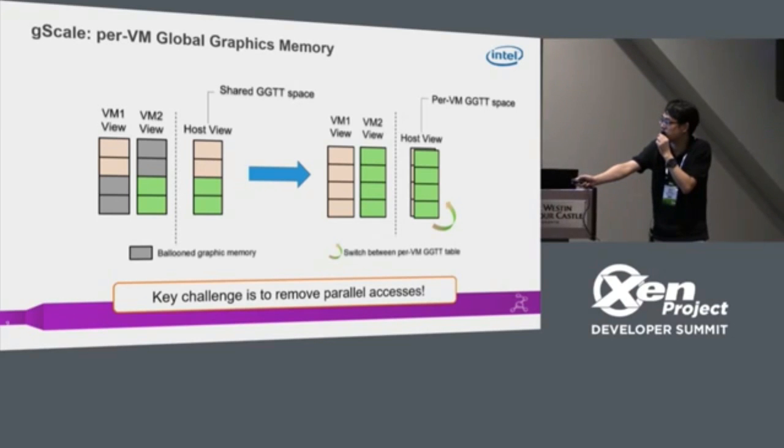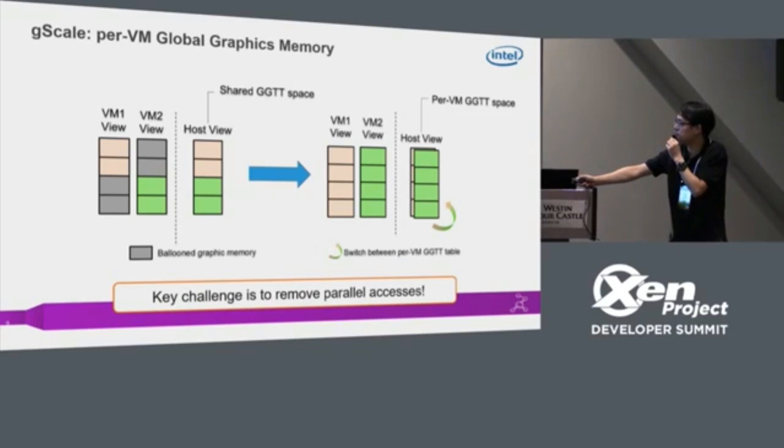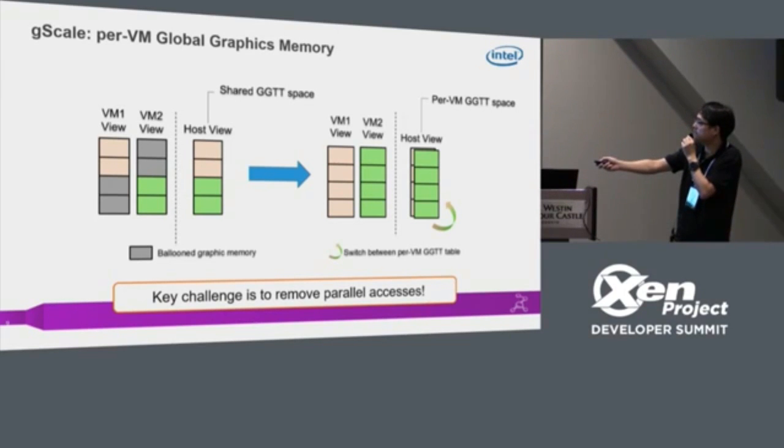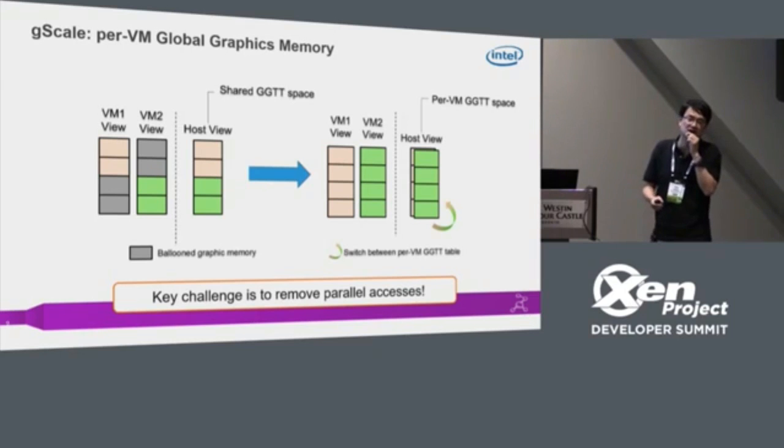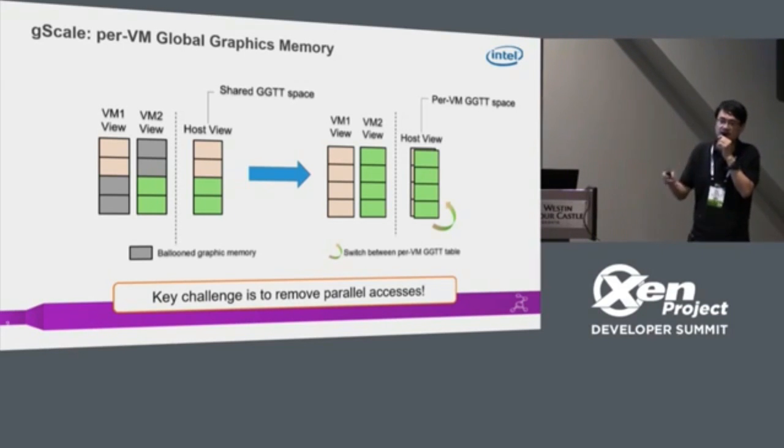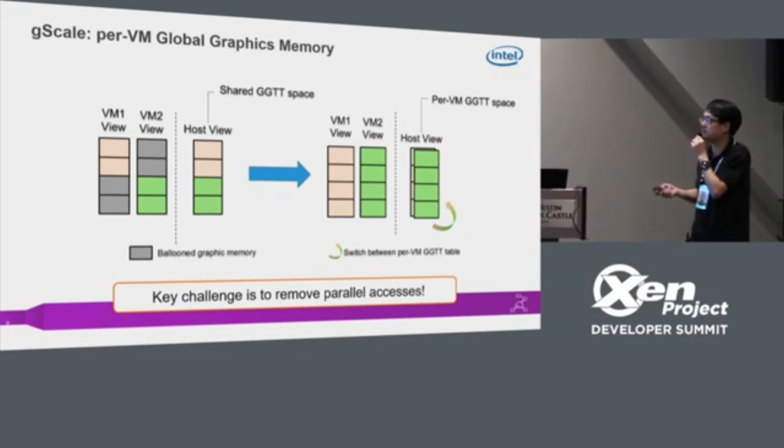The left side is the original design, and on the right side we have 2 global page tables. And we will load and switch global page tables during our VM switches, because most of the gGTT table access comes from the render engine side, maybe 99% of it.